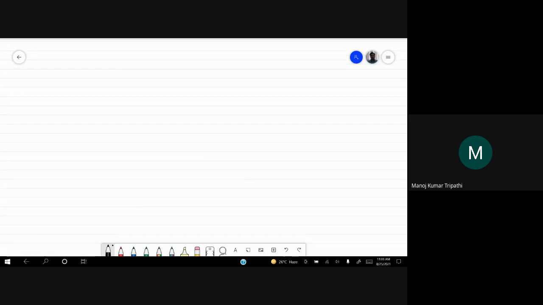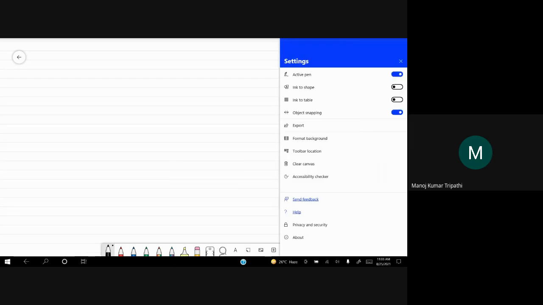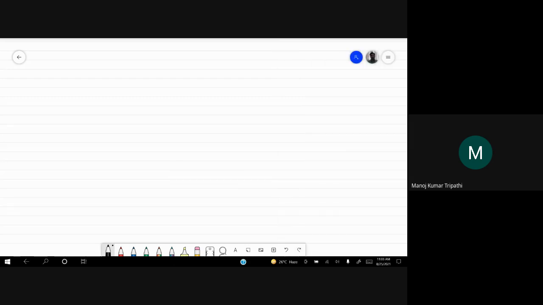So let's say this is a solid body and it is moving with some velocity.